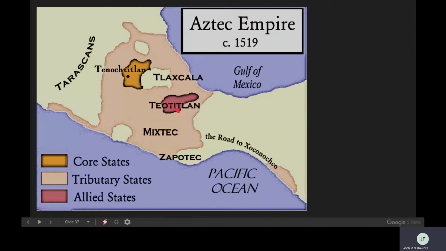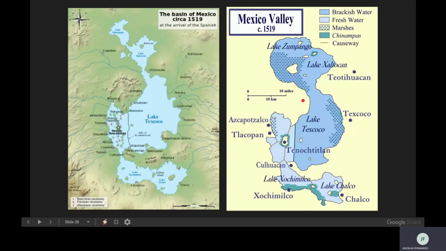This kind of core periphery situation that we had going on here. And that's actually beneficial to the Spanish, right? You have these kind of tributary states out here that aren't really that happy with the core, right? They're being exploited. So the Spanish can take advantage of that. They can get some of these people to help them take down the Aztec Empire, right? Which is not the key, but it's very helpful, right?